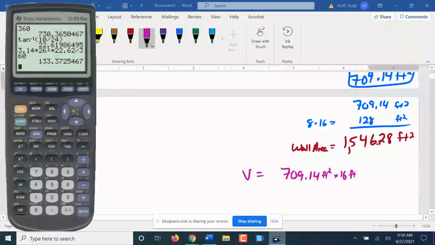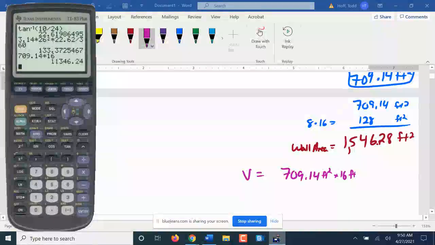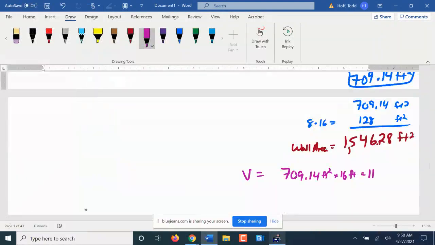That's going to contribute to my volume of 11,346.24 cubic feet. So that is a contribution to the volume right there. That's the volume of the portion with the lean-to.